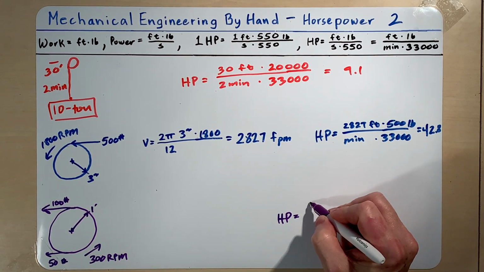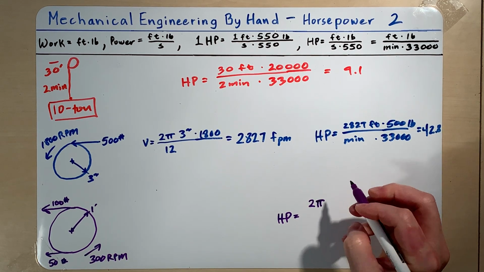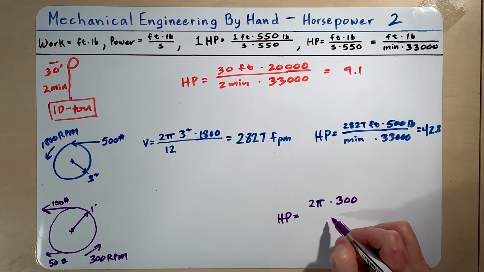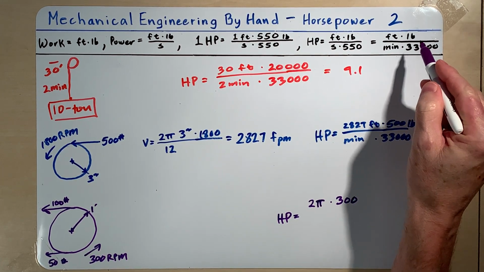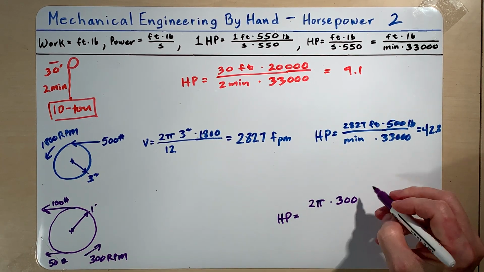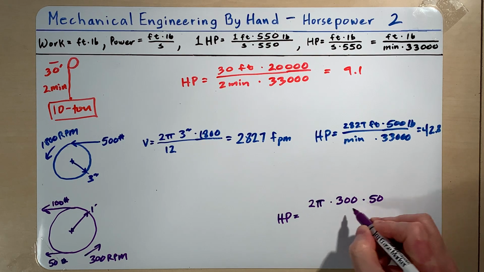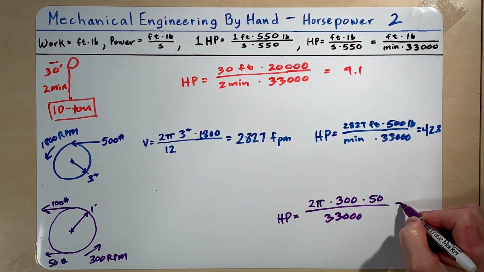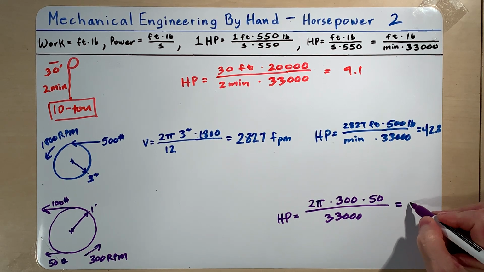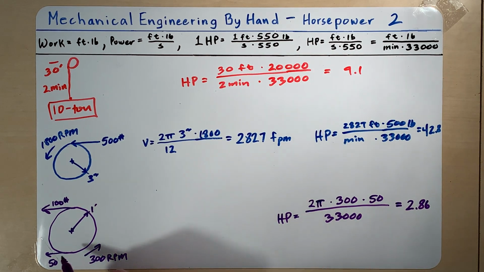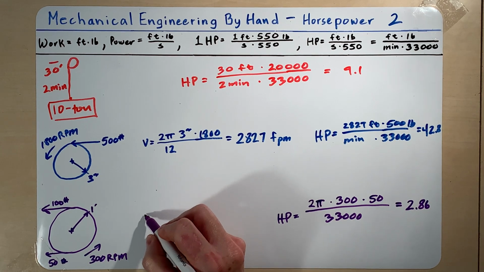So 2 pi, I'm going to leave the 1 out of there, times 300, and then our force will be the net force of 100 minus 50, so times 50 pounds, and divided by 33,000, and that equals 2.86 horsepower.